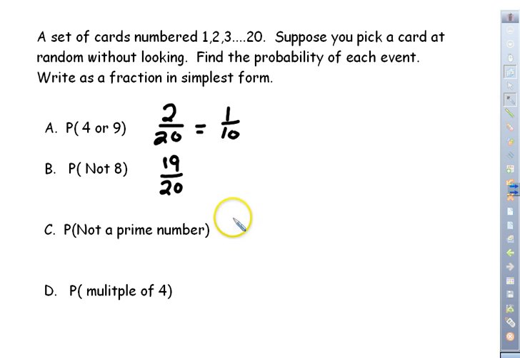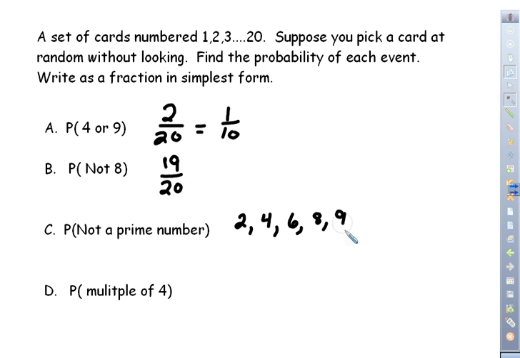So the numbers that are not prime would be 2, 3 is, 4, 5 is prime, 6, 7 is, 8, 9. What times what gives me 9?